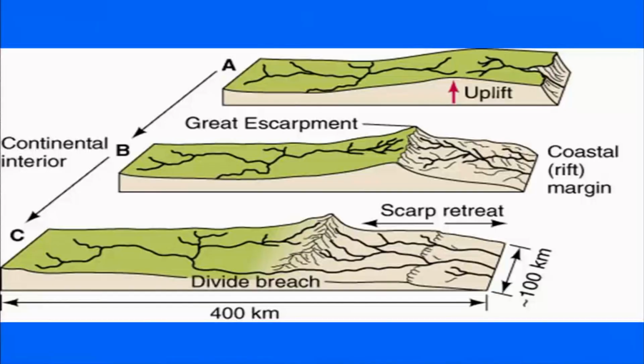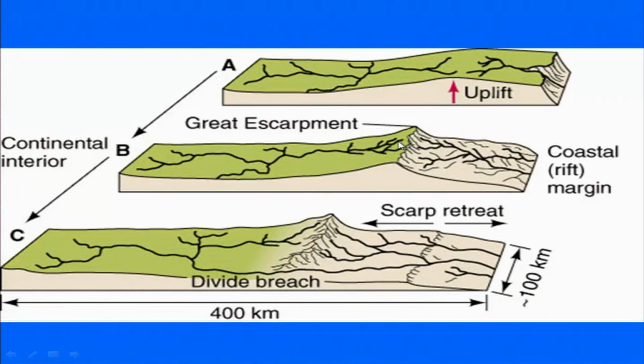So, stream piracy, if you look at this sketch, it has been shown that, for example, you have an uplift which is going on here. So, you have a drainage divide where the drainages are flowing in opposite directions, but slowly, because of the extensive erosion, both the drainages are evolving and moving towards the headward side.